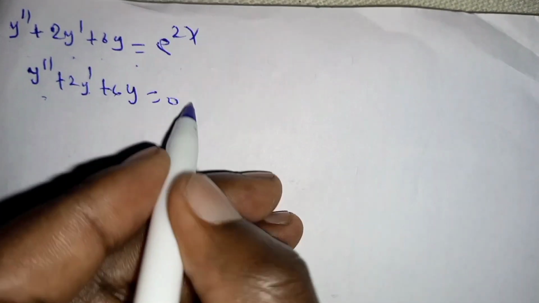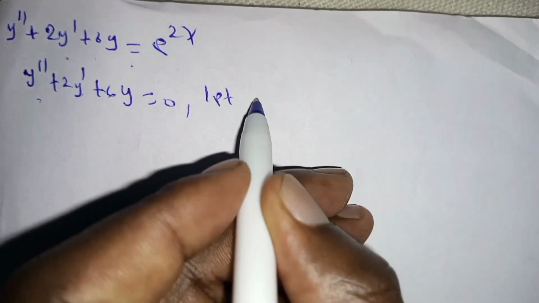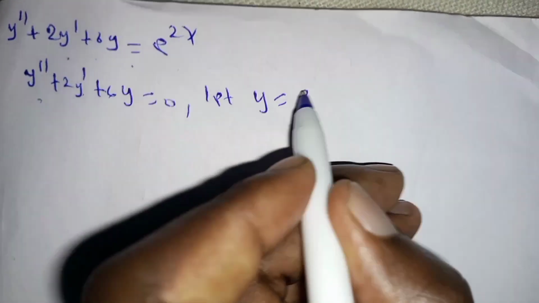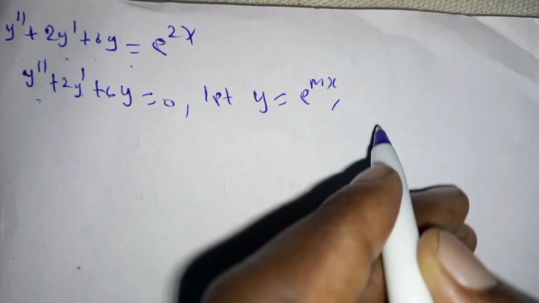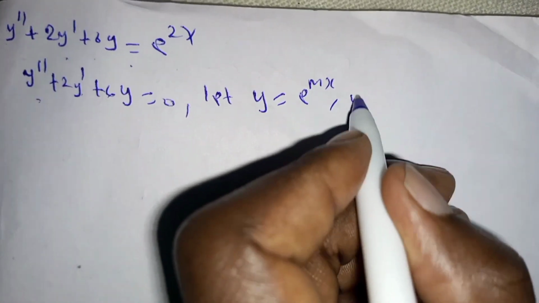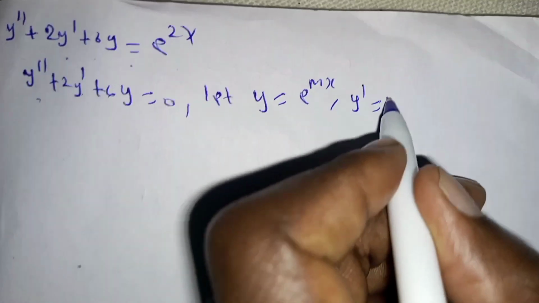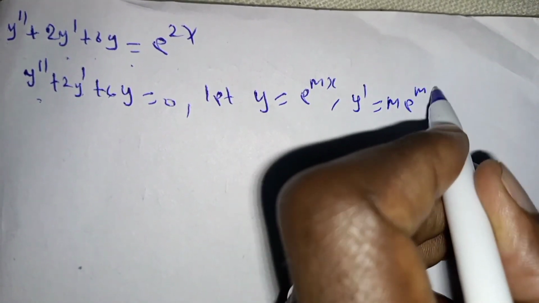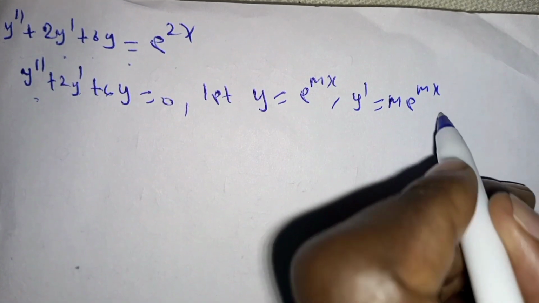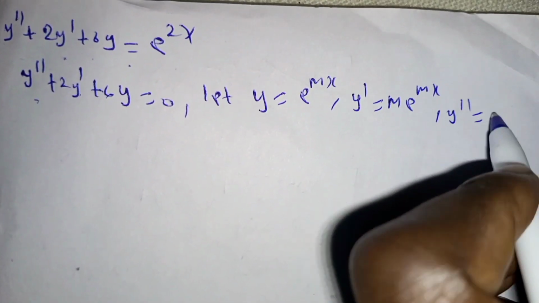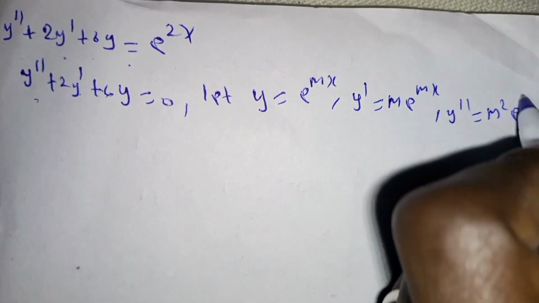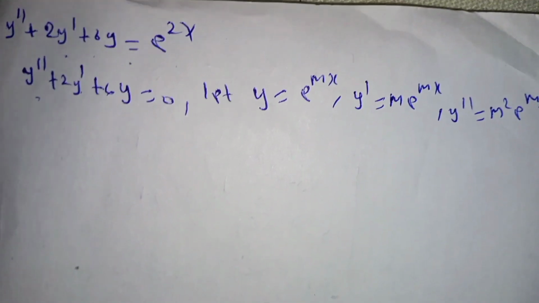To solve the complementary part, we are going to let y be equal to exponential mx. Then we differentiate y once to get m exponential mx, and we differentiate it again to get y double prime, which is equal to m squared exponential mx.